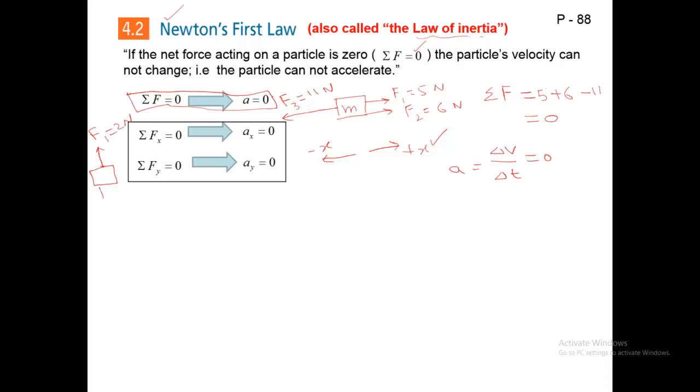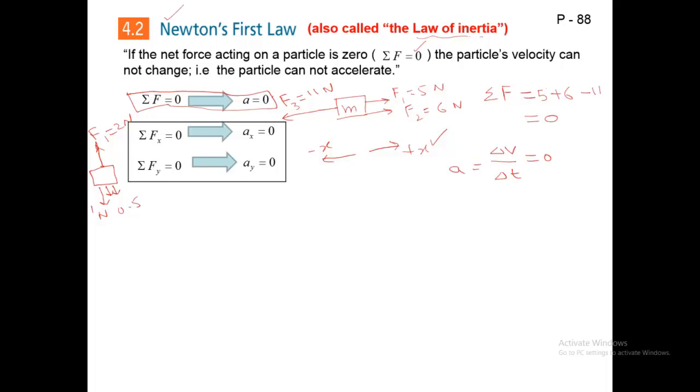Here you have 1 Newton and half Newton, another force half Newton. If you add them, you get the answer 0, because this is 2 Newton, and this is half plus half, 1, plus 1, 2. So 2 along the negative y-axis and 2 along the positive y-axis. So 2 minus 2 equals 0.